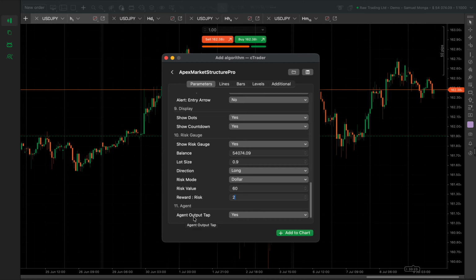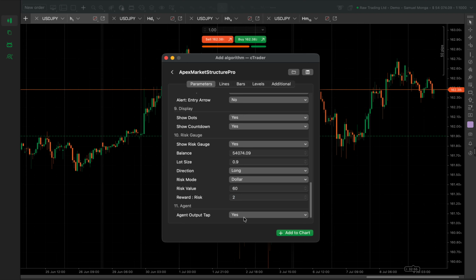Now on the agent output, because the Apex Market Structure Pro is an agent version, I'm going to leave this yes, so that as I have my subscription on Claude, it can read this indicator and interpret the markets, or we can interpret the market together, or we can work together while trading.